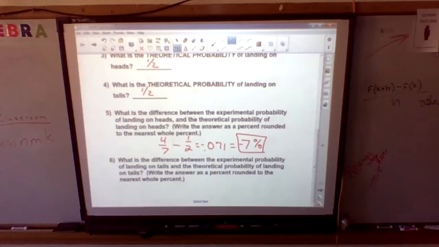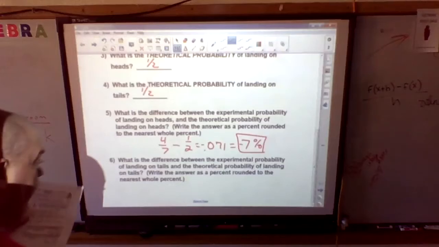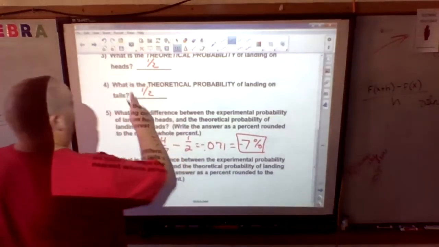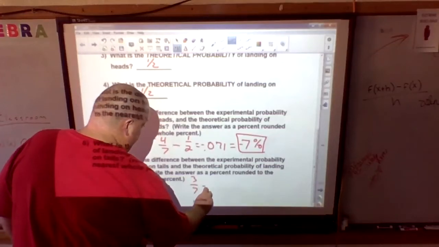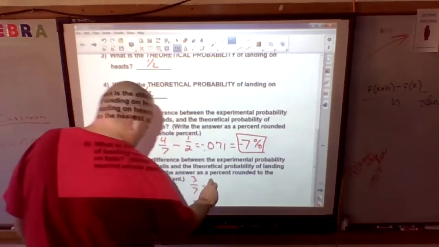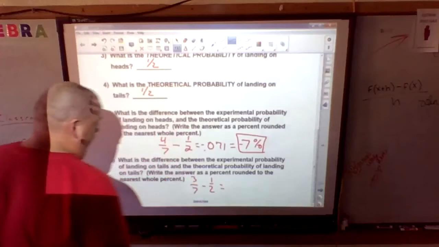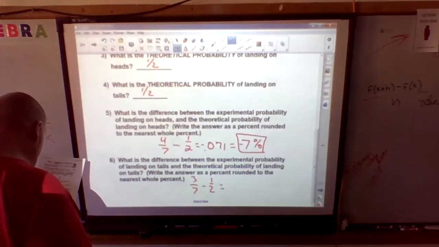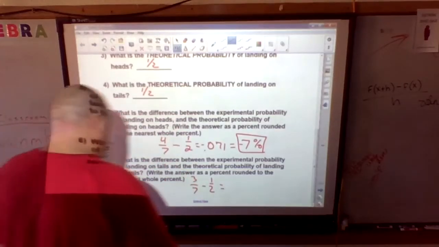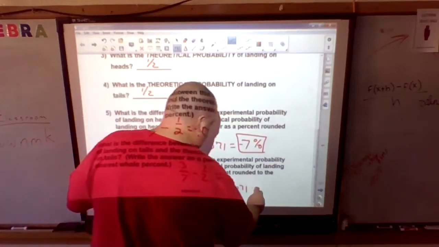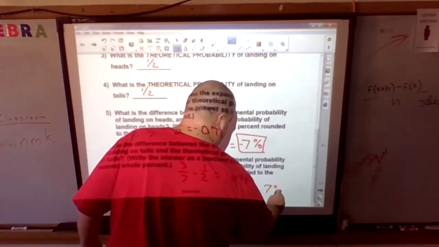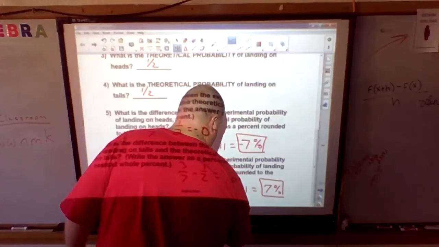What is the difference between the experimental and theoretical probability of landing on tails? Remember, the experimental probability was 3/7 minus the theoretical probability, which is 1/2. That gives you a decimal of about 0.071, which rounded to the nearest whole percent is 7%.